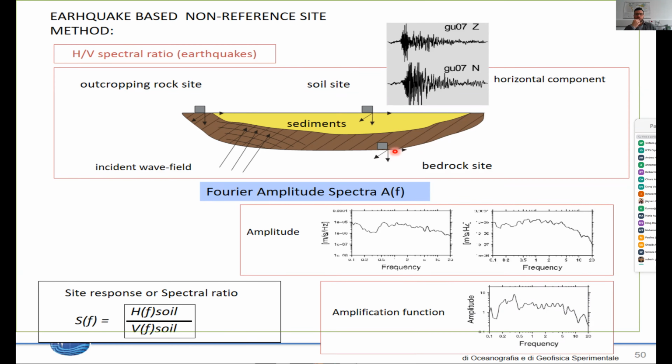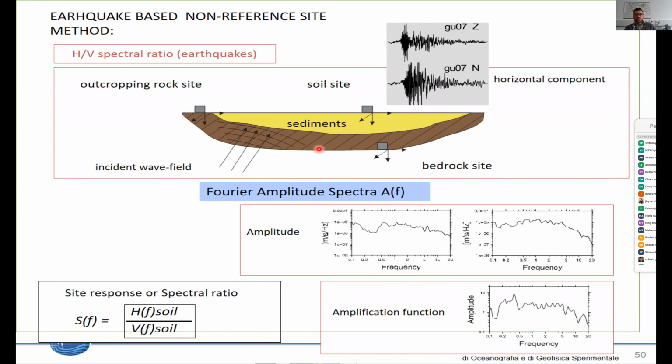We will see tomorrow that unfortunately this is not exactly the case, and that while with the H over V we can obtain a reasonable estimate of the resonance frequency of the site, we are not able to obtain a good estimation of the site response, especially in terms of amplification.